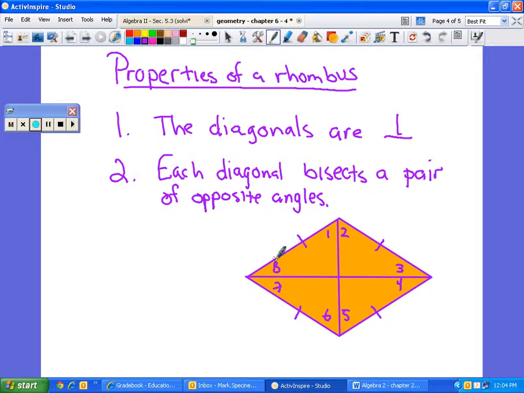So from this we can conclude that angle 1 is congruent to angle 2, angle 3 is congruent to angle 4, then angle 7 is congruent to angle 8.